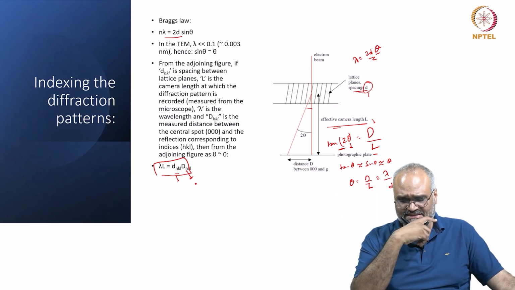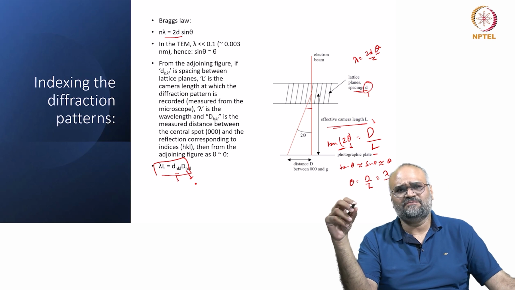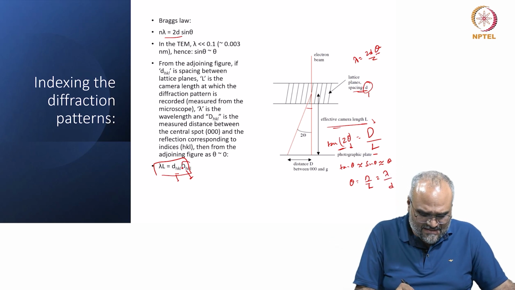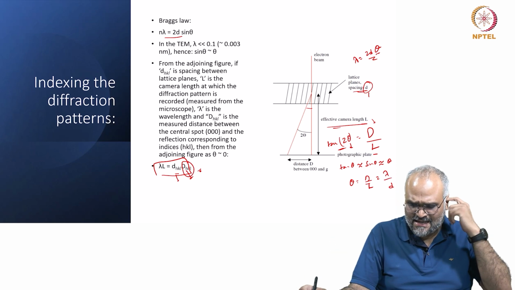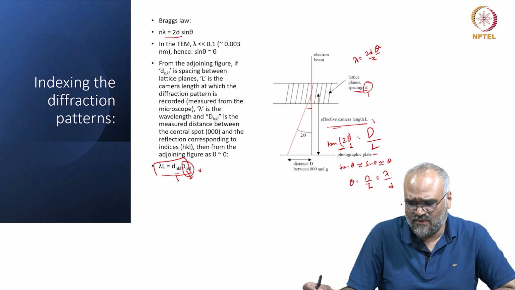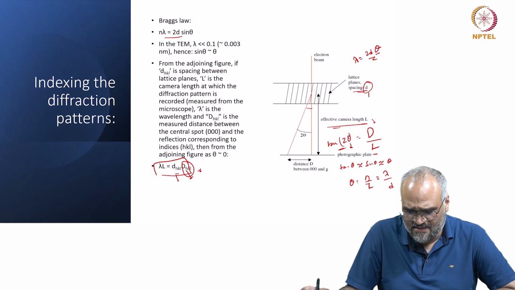Now, from this, if I have a diffraction pattern on which I can measure this distance capital D_HKL in the reciprocal units, that is what you see on the diffraction pattern that is recorded.